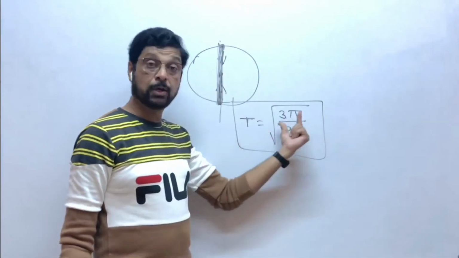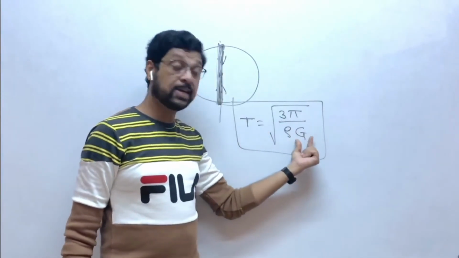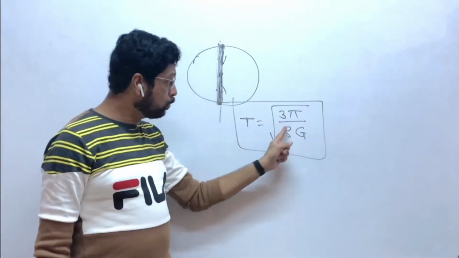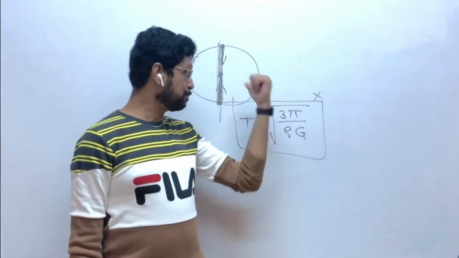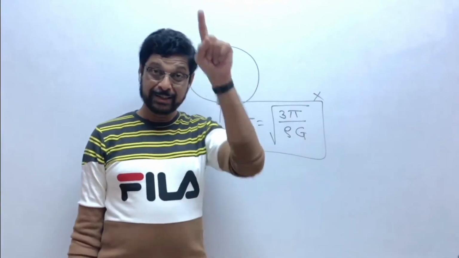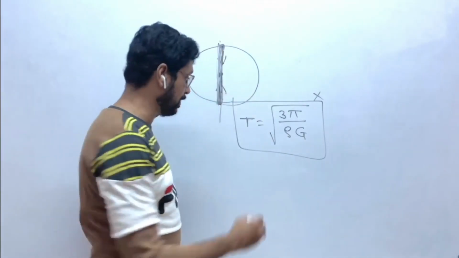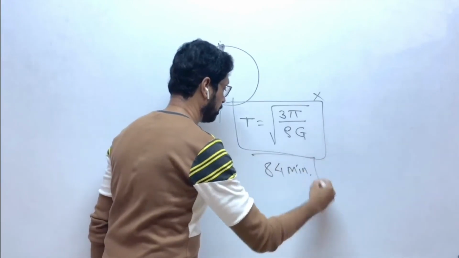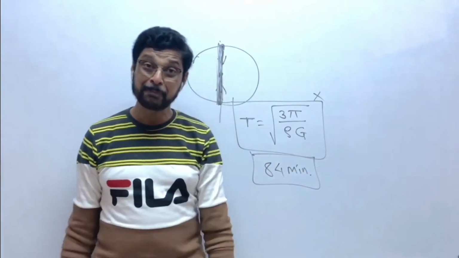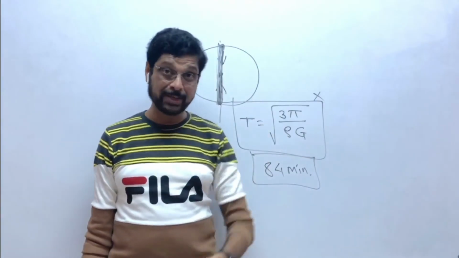T is equal to under root 3 pi by rho capital G. And you don't even have to remember this formula. For this particular condition, the periodic time of oscillation is approximately 84 minutes.